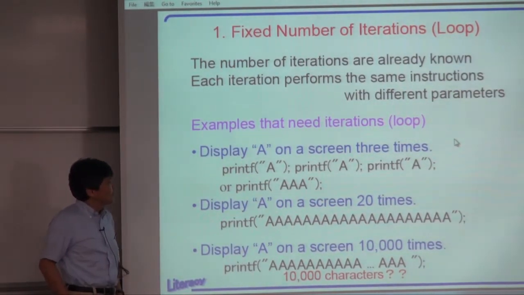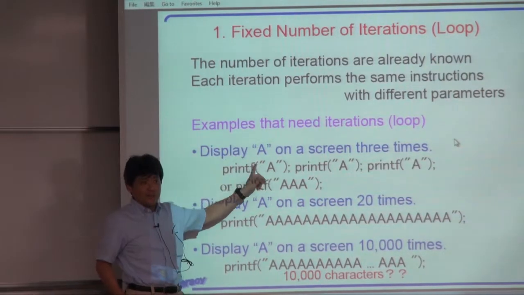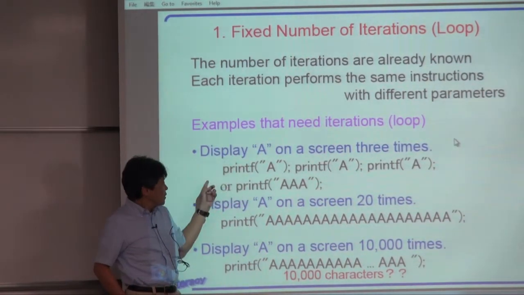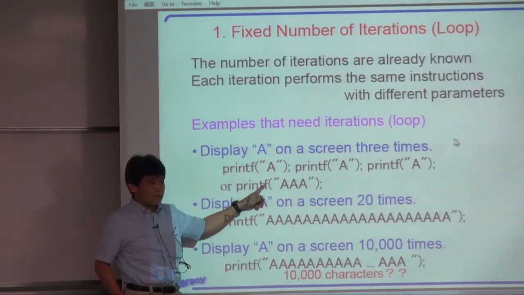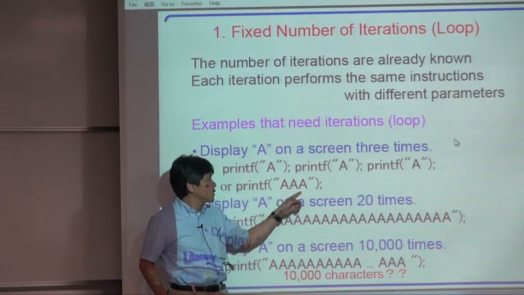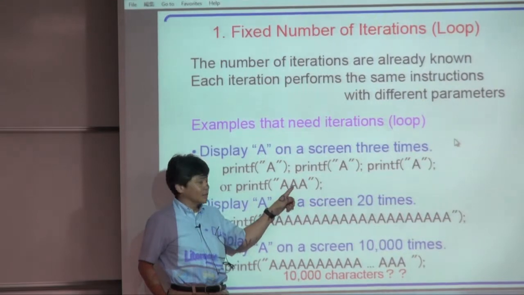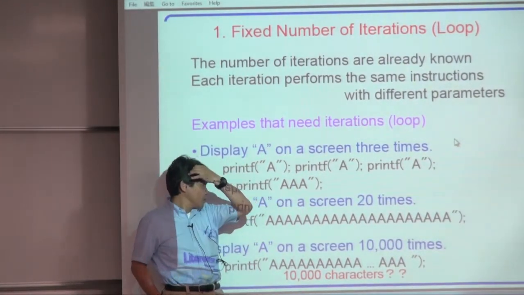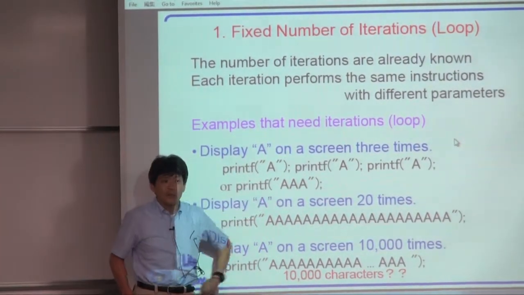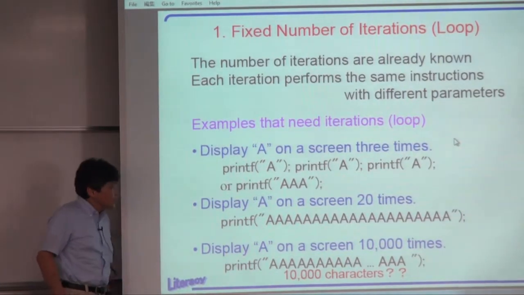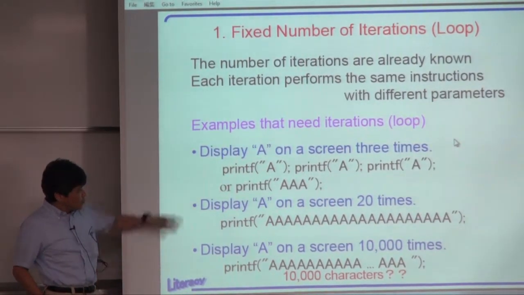Of course you can use the printf function three times like this. Otherwise, you can also use one printf function, and if you specify the three characters like this, the program outputs the three characters on the computer screen. So this is no problem.